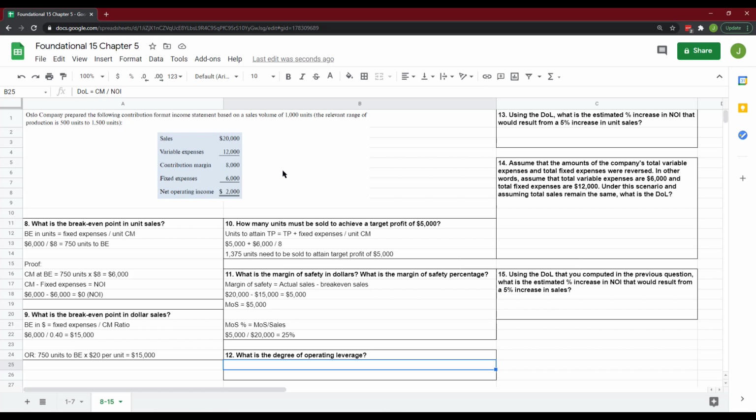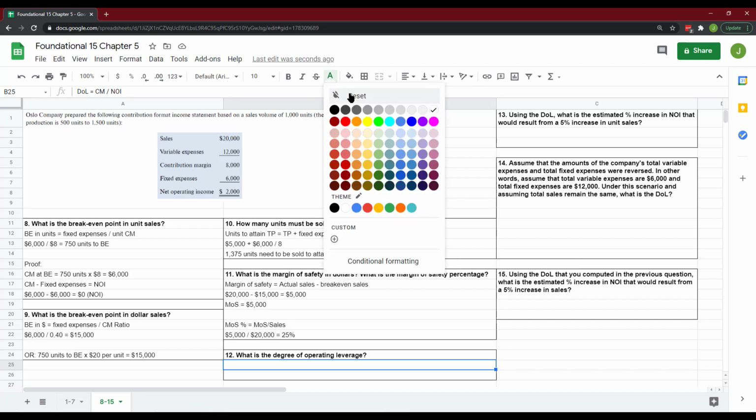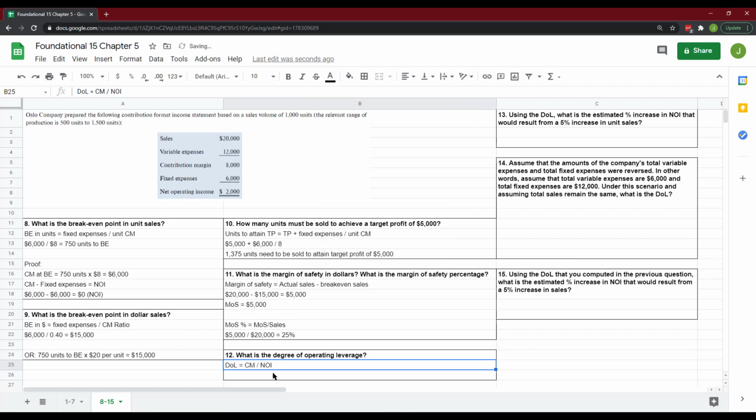Okay, because the fixed expenses are unchanging in total, but the variable expenses in total react proportionately to those changes in sales units. Okay, so what's the degree of operating leverage formula? It's going to be your contribution margin divided by your net operating income.